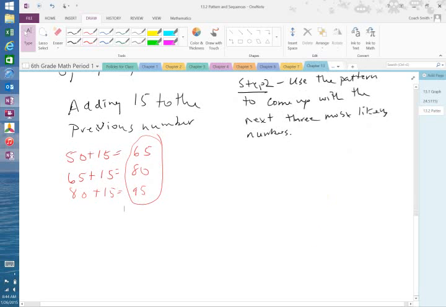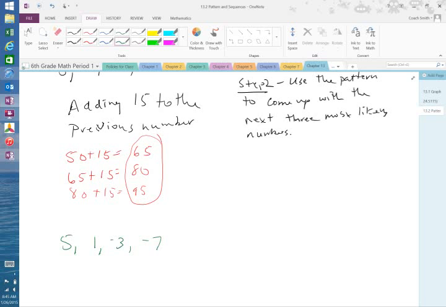All right, let's look at the next one. 5, 1, negative 3, negative 7. Okay, so 5 to 1, would that be increasing or decreasing?